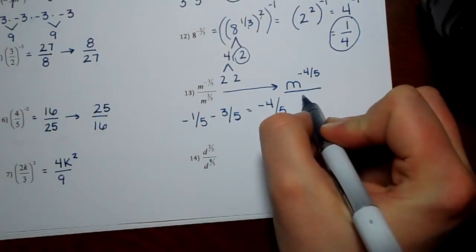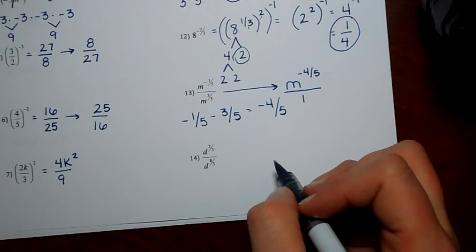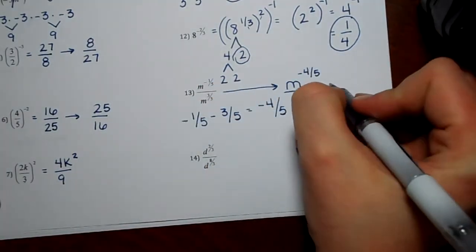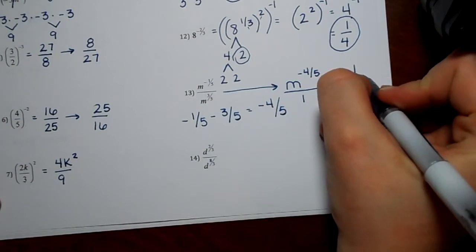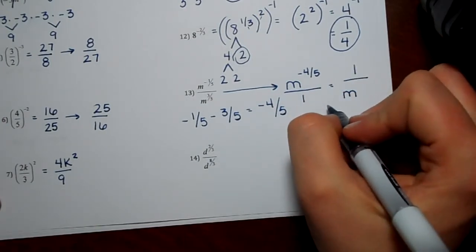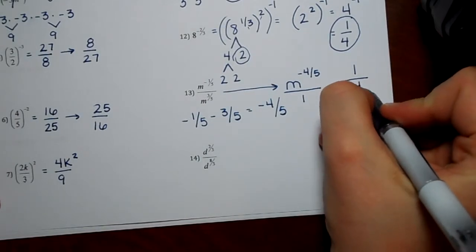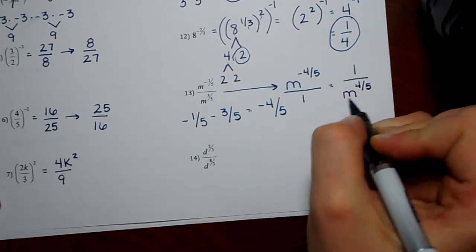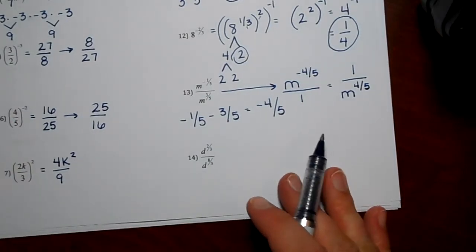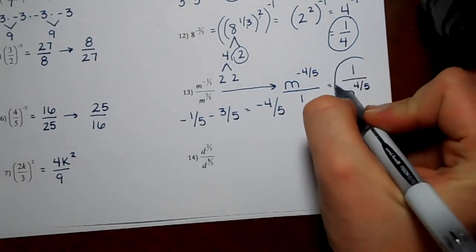Let's think of this as m to the -4/5 over 1. That negative exponent is going to flip this to the reciprocal. So it will become 1 over m. And then remember that now that we've flipped it, that can be a positive 4/5. That negative has served its purpose. Okay, made the m move to the bottom. And that's it for that one.